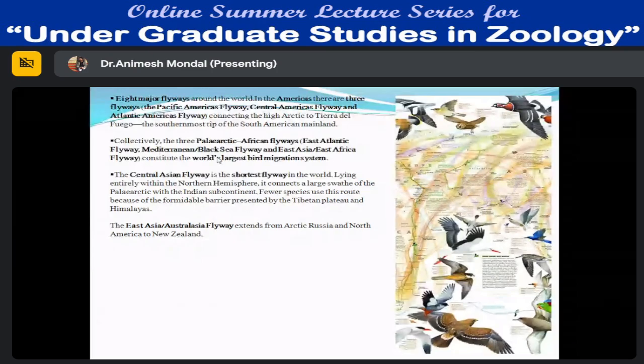So as I have mentioned earlier, in the Central Asian flyway, you can observe nearly about 180 bird species which follow this path. And among these species, there are 2 categories: one category is included in Appendix 1 and another one is included in Appendix 2.